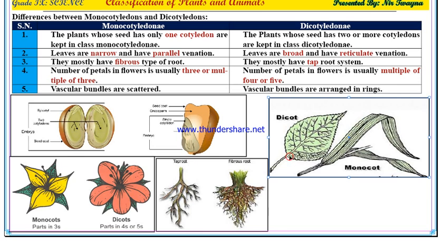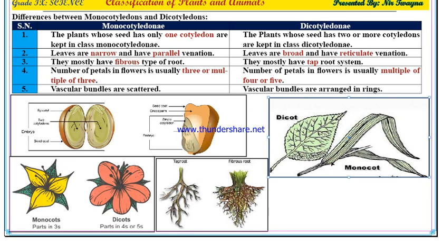One major vein is formed from the base of the leaf that runs toward the tip, and from several points of that major vein, branches come off. These branches move toward the blade of the leaf, or the marginal end of the leaf.